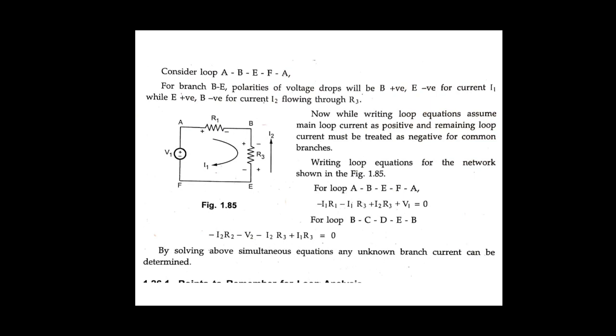You can go with either clockwise or anti-clockwise direction, and you should consider the polarity as positive negative in one direction. Means for R1, you assume positive negative, same for R3, positive negative, and the current is flowing in the clockwise direction.